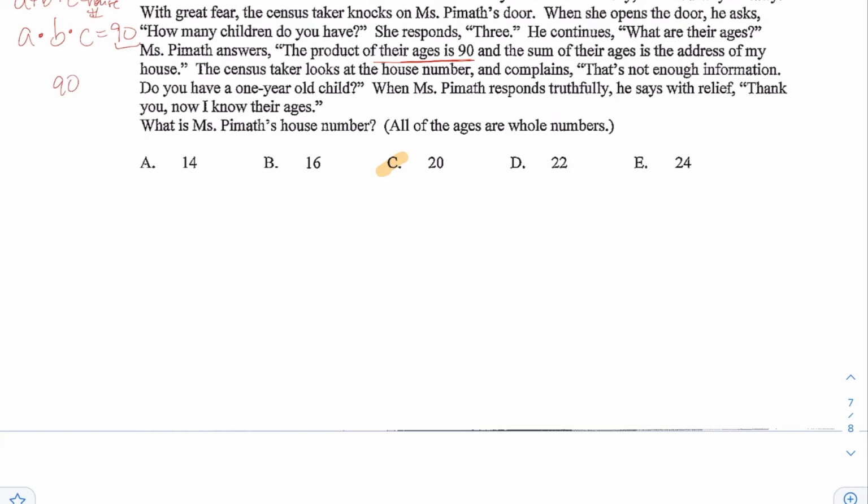So for 90, you have 1 and 90, 2 and 45, 3 with 30. 4 doesn't work. You have 5 and 18, and 6 with 15. 7, 8 doesn't work, and you have 9 and 10. And then you just kind of list out the potential factors.